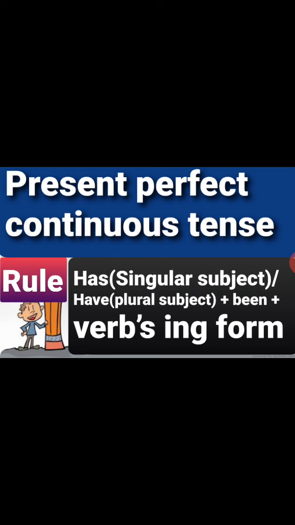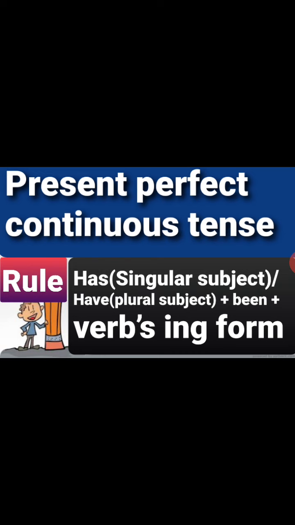Has and have are there, right? Because it is in the perfect also. Now, in the continuous, we use verb ing form. And the one more thing added in the rule of the present perfect continuous tense is been.